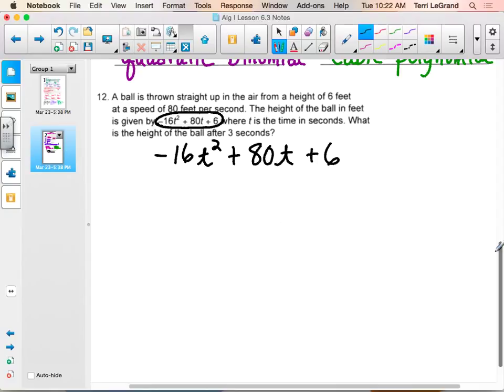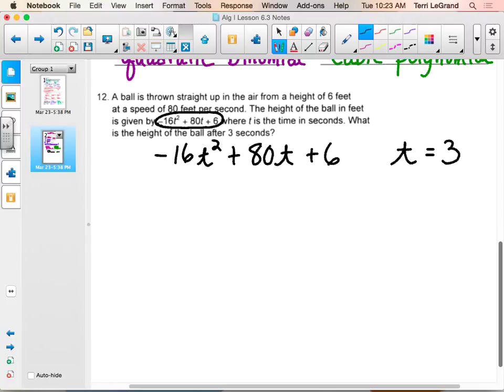t is time in seconds again. We're supposed to find the height of the ball after 3 seconds. Let's put over here, t equals 3. In other words, we're evaluating that polynomial for t equals 3. It can be evaluated for any time amount, it could be for 1.5 seconds, it could be for 9 3/4 seconds. We're doing it for 3 seconds.